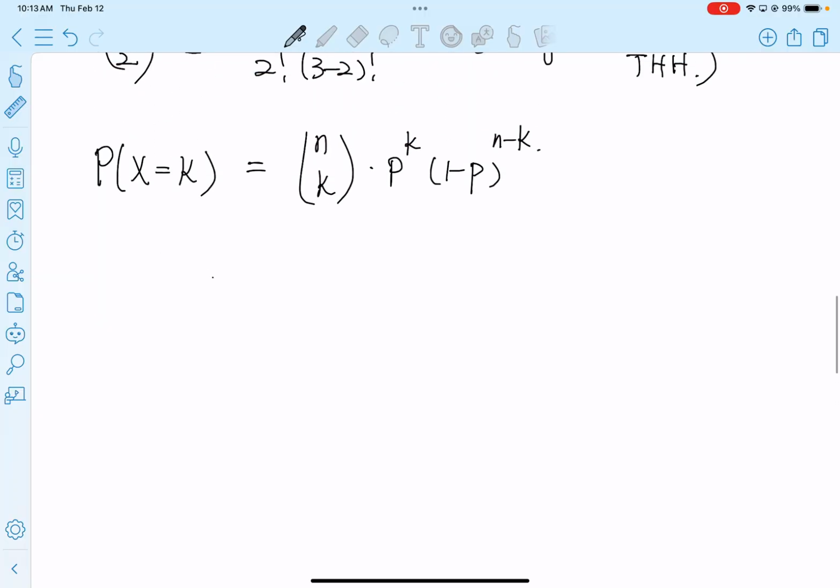So here, this lowercase p is equal to the probability of landing on head for 1 coin.